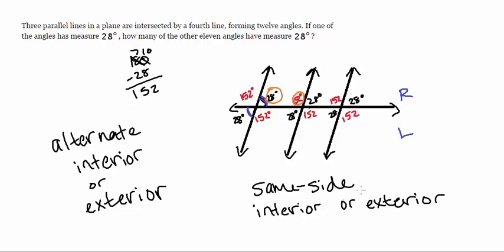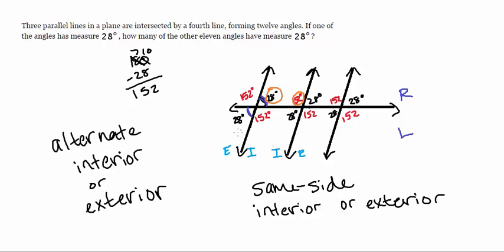So the second part, the interior exterior, refers to the angle's position to the parallel lines. So in that case, if it's inside here, this would be interior, and this out here would be exterior. Because you imagine these lines is kind of like a cutoff. So anything on the inside is interior, anything on the outside is exterior.